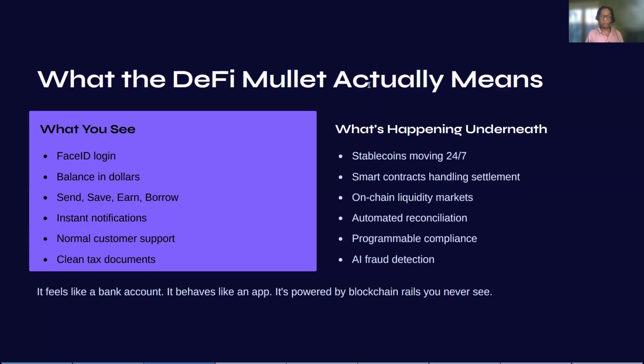And also you can see the balance in dollars, or in euro or whatever other currency you want to use. And also you can use the UI to send money, receive money, and you can also earn credit for the purchases you make using the app.